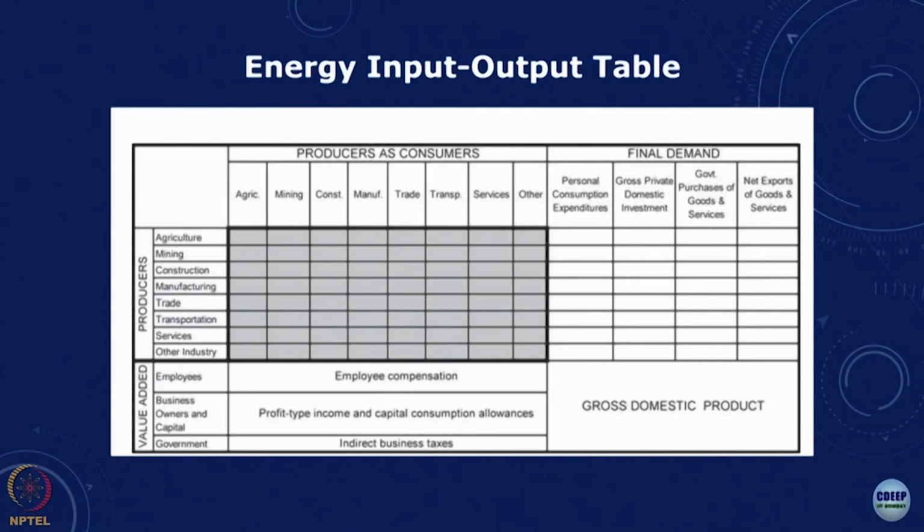In general, finally, when we look at the input-output table, this is from the book by Blair and Miller. You can look at the book on input-output analysis, the second edition. We'll see different kinds of producers and then the final demand. Typically agriculture, mining, construction, manufacturing: you have a matrix where it goes agriculture to agriculture, agriculture to mining, and so on.